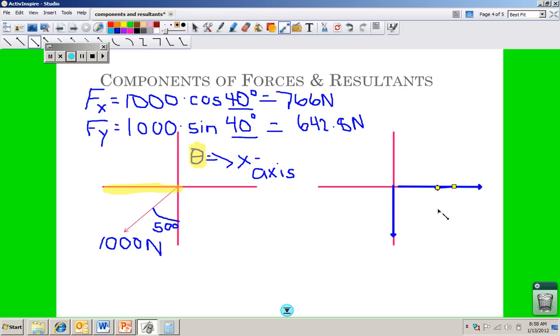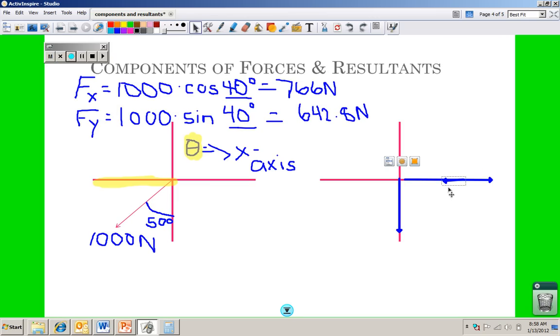I've made a little mistake here. I'm adjusting the length of that one and I just want to move it. Alright, well we're just going to have to pretend like it starts at the origin, okay?